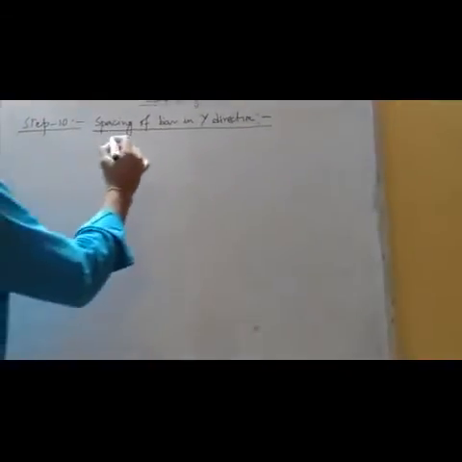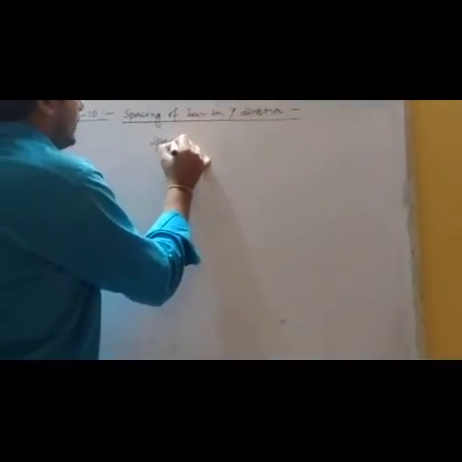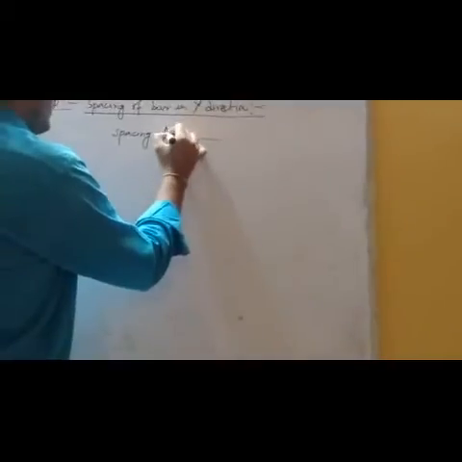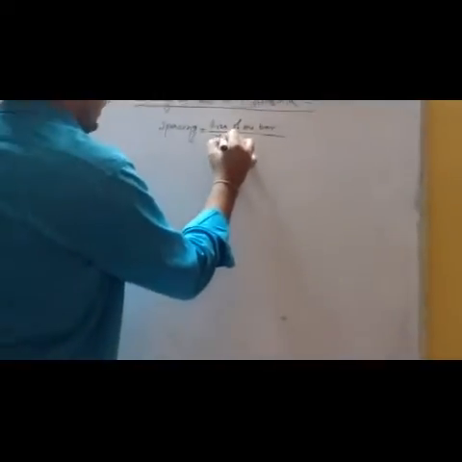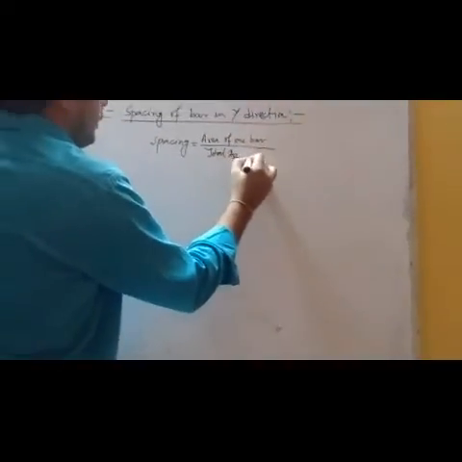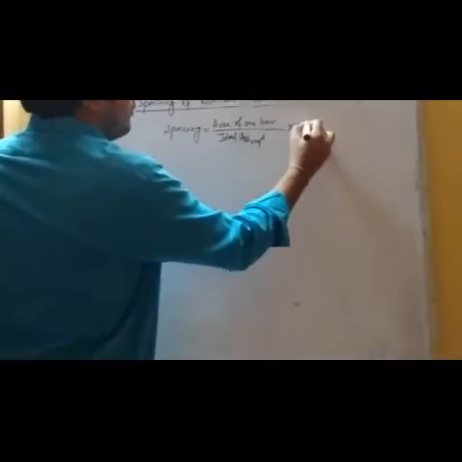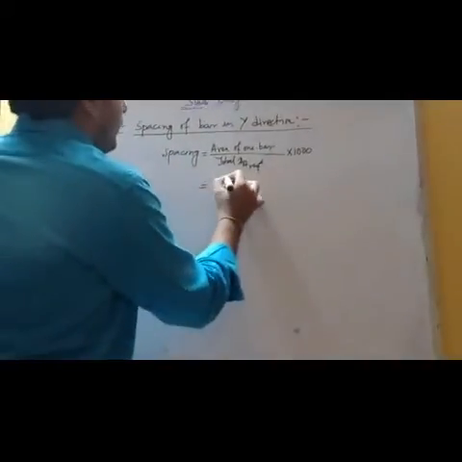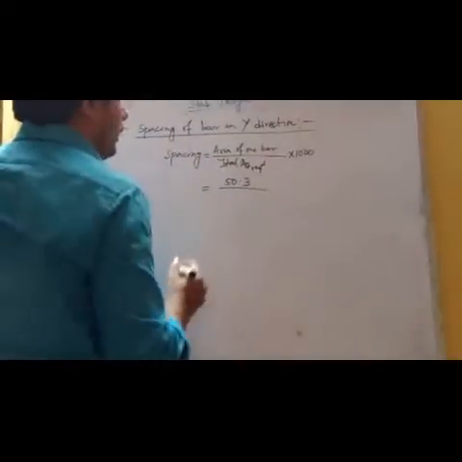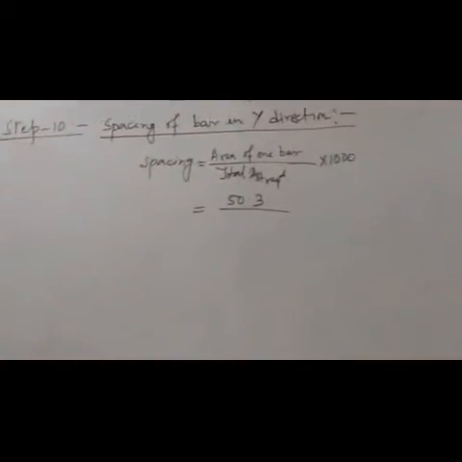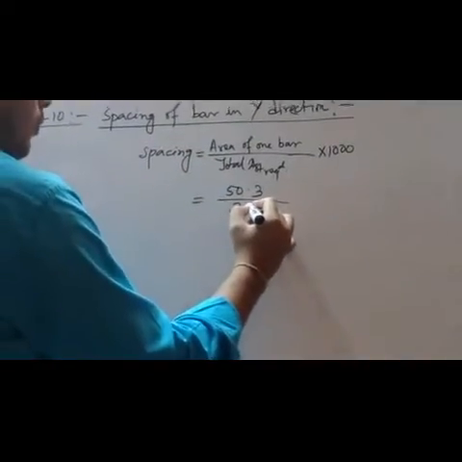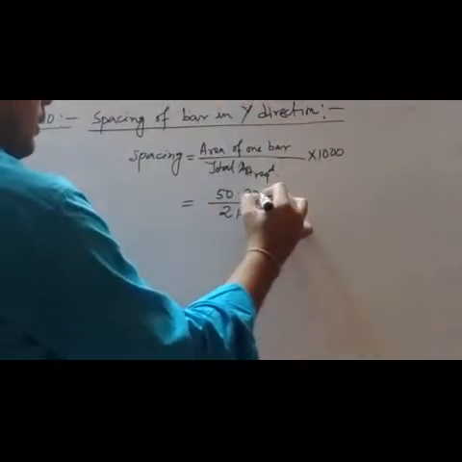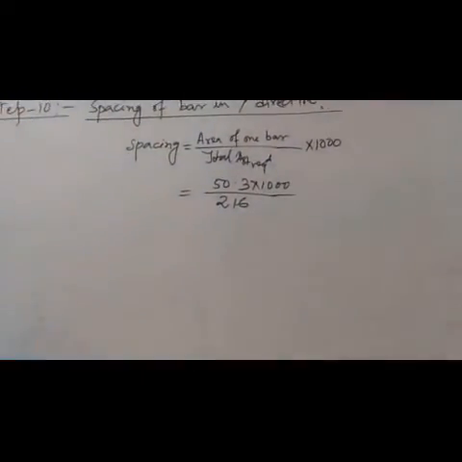So the formula of spacing is already known to us. That means area of one bar by total Ast required into 1000. Okay. So area of one bar means 50.3. Total Ast required, which we have already calculated, that is 216 into 1000. Okay.